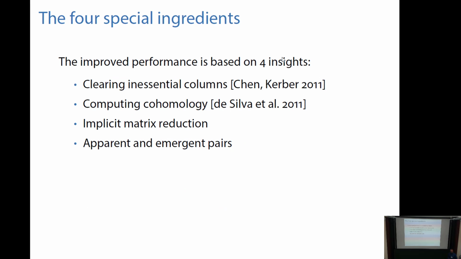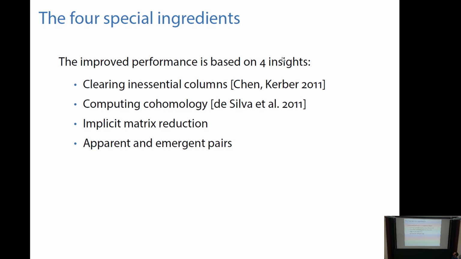I think there are 4 main observations or optimizations that play a central role in Ripser, and 2 of them have been discussed and implemented before. The first one is clearing inessential columns, so certain parts of the matrix algebra don't have to be performed if you want to compute homology.